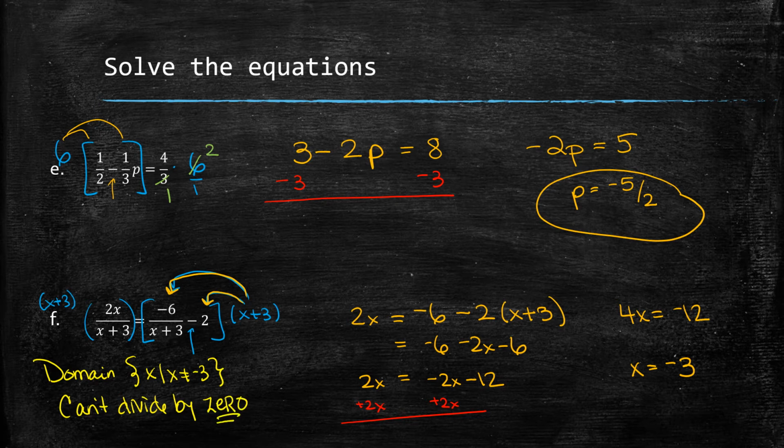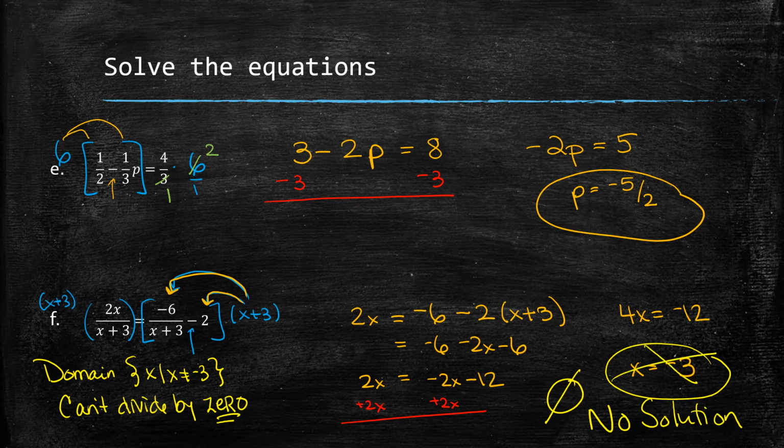So the only number that's not going to work for my solution is negative 3, and that's exactly the number we came up with, which tells us that this equation has no solution.